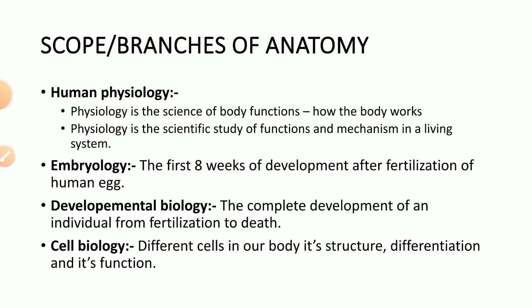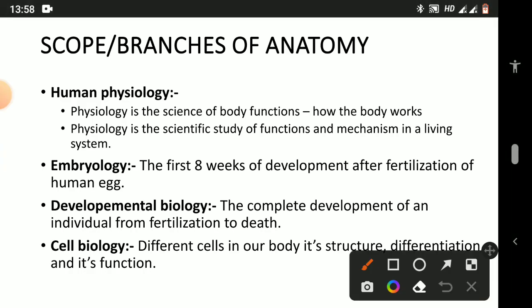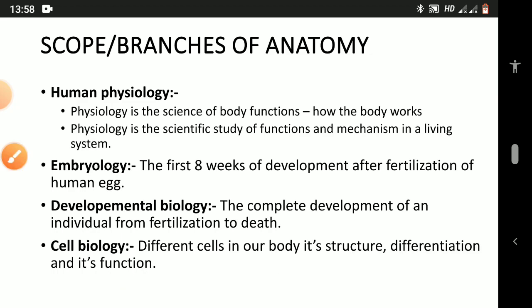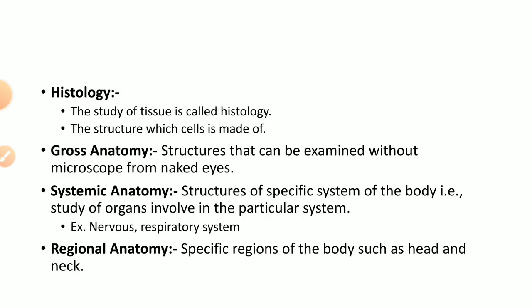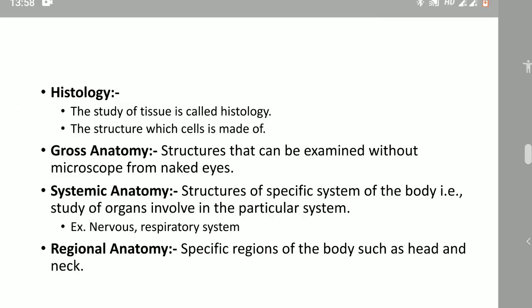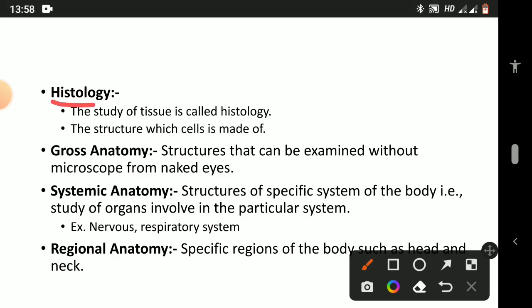Cell is the basic structural and functional unit of all living organisms. Cell is differentiated into tissue, tissue is differentiated into organ, organ into organ system, and finally the organism formation takes place. Next one is histology. In Greek language, histo means tissue.